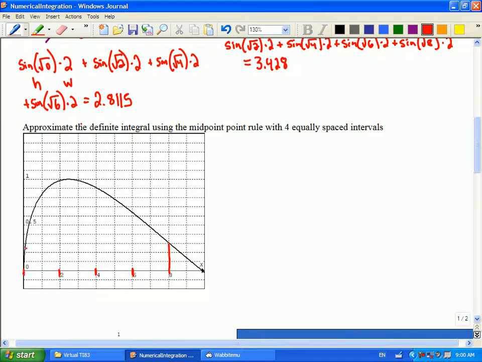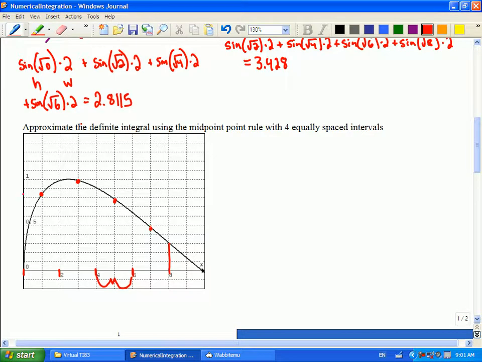Only this time when we want to know how tall we should make our rectangles, we're going to pick the midpoint. So the midpoint of each of these rectangles, the first one, this is the midpoint right here. Second one, the midpoint is right there. So if this is the rectangle I'm going to draw, I'm going to use the midpoint to get its height. And here's the rectangle here, I would use its midpoint.